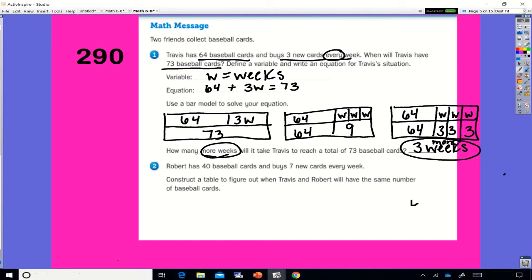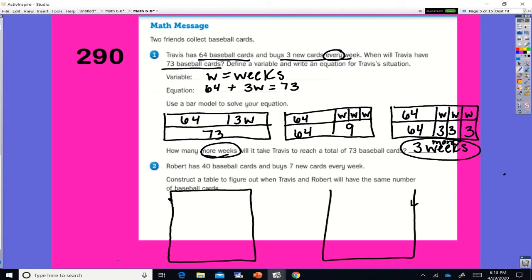Now, Robert has 40 baseball cards and buys 7 new cards every week. Construct a table to figure out when Travis and Robert will have the same number of baseball cards. So I'm going to make a little chart. Well, we're going to have Travis here and Robert here.